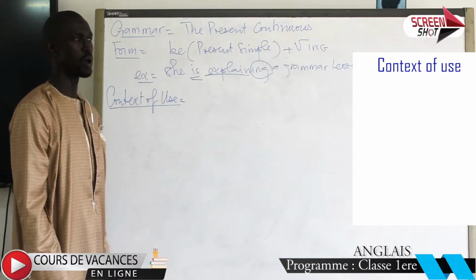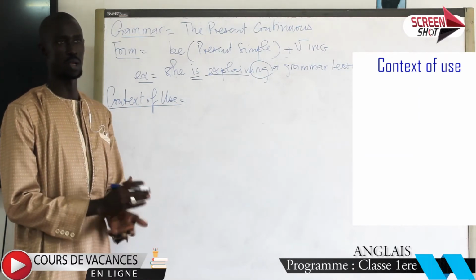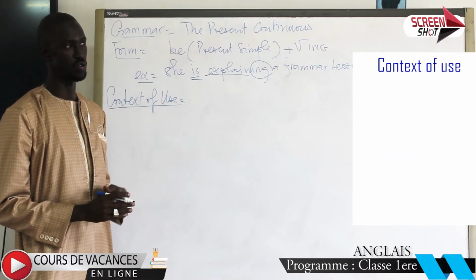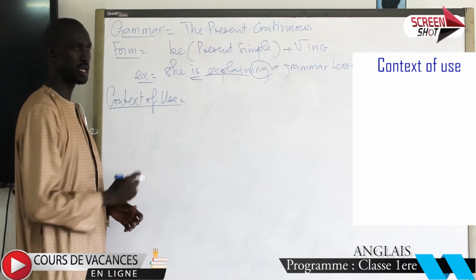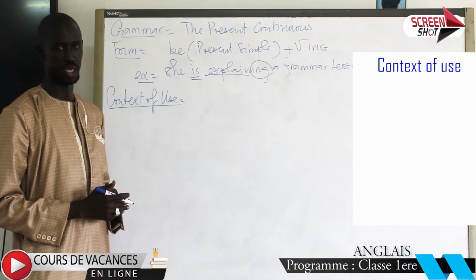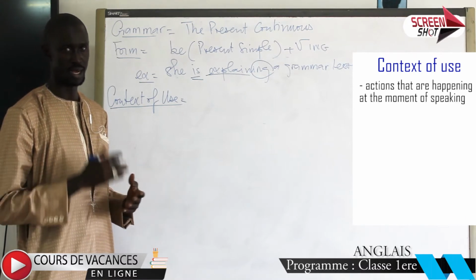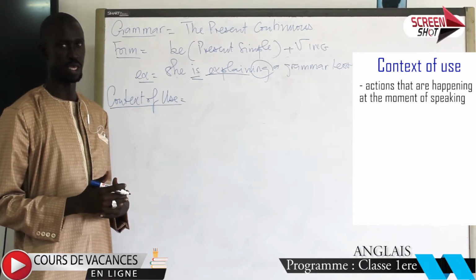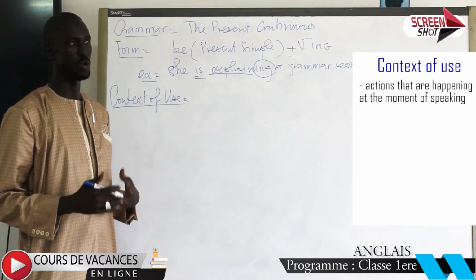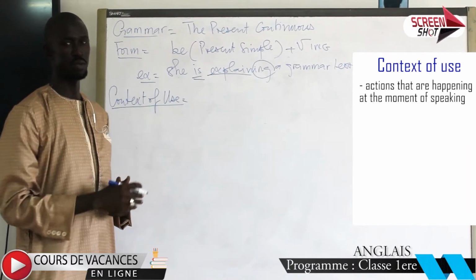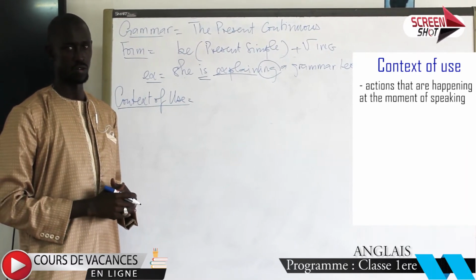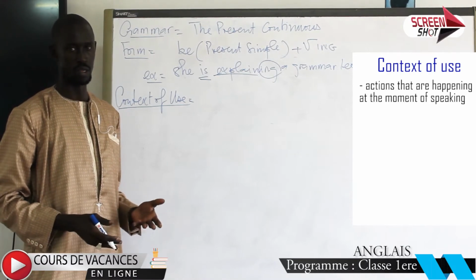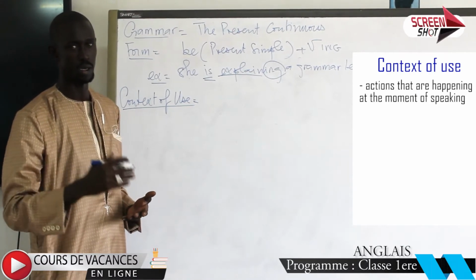Most of the time, what we have to keep in mind is that the present continuous is used for actions that are happening at the moment of speaking. Right now, what we are doing refers to the present continuous tense. So here we are doing a grammar lesson. We say, we are doing a grammar lesson.